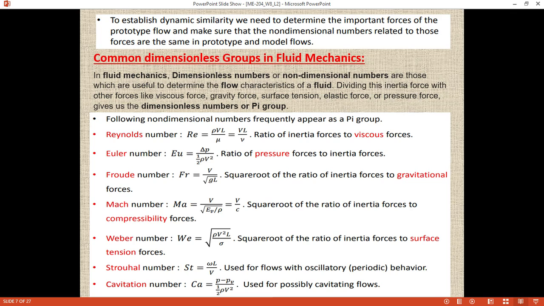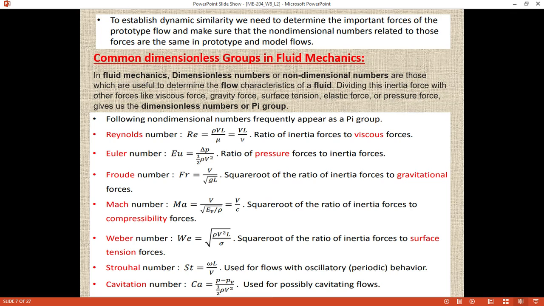So due to this reason, in most of the cases the non-dimensional number repeats. The non-dimensional numbers or the dimensionless variables that repeat frequently in different cases, we assign a specific name to them.